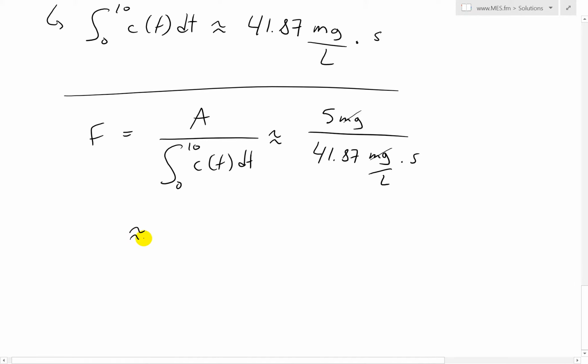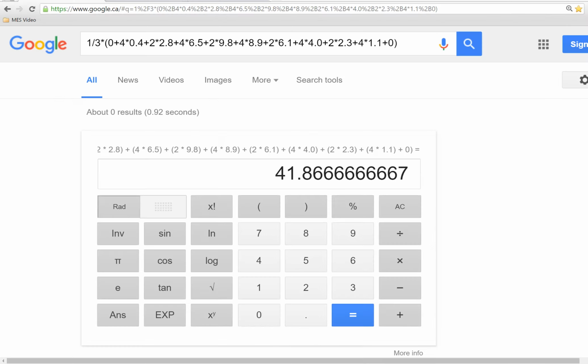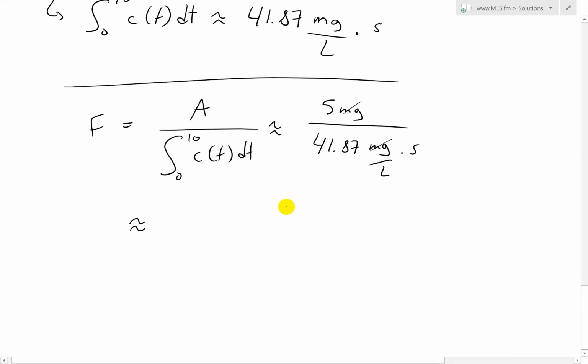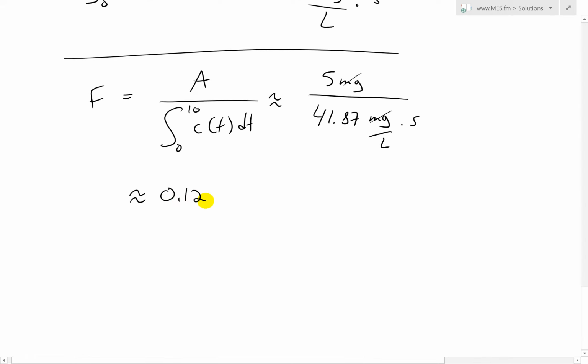I wrote it down right here, 5 divided by 41.87. I didn't use significant figures, I just wanted to round it up, since we're estimating anyway. So this is 0.119, or I'll round up to 0.12 liters per second.